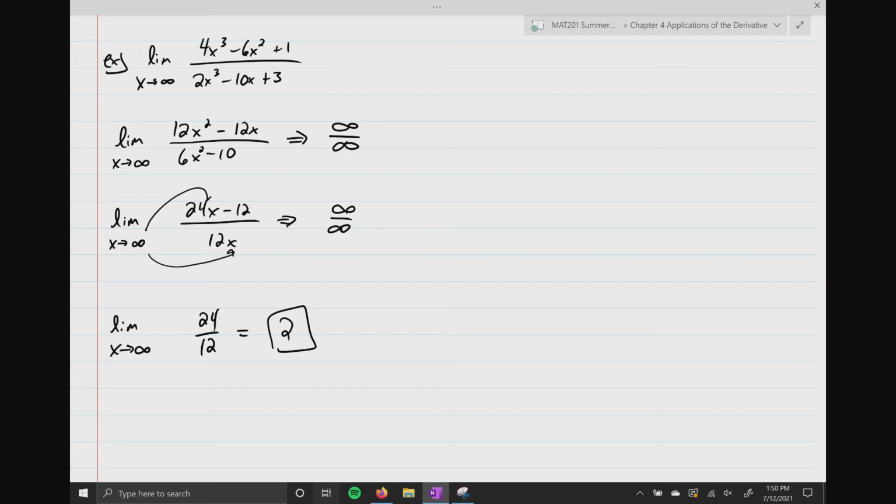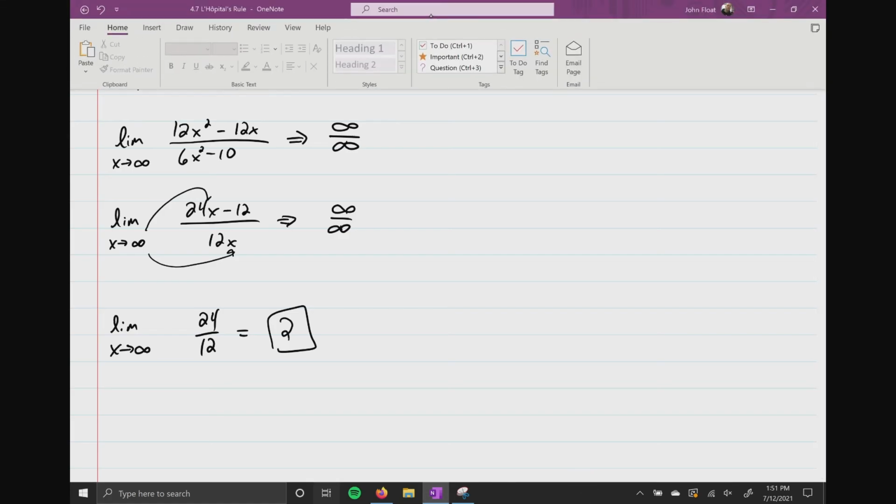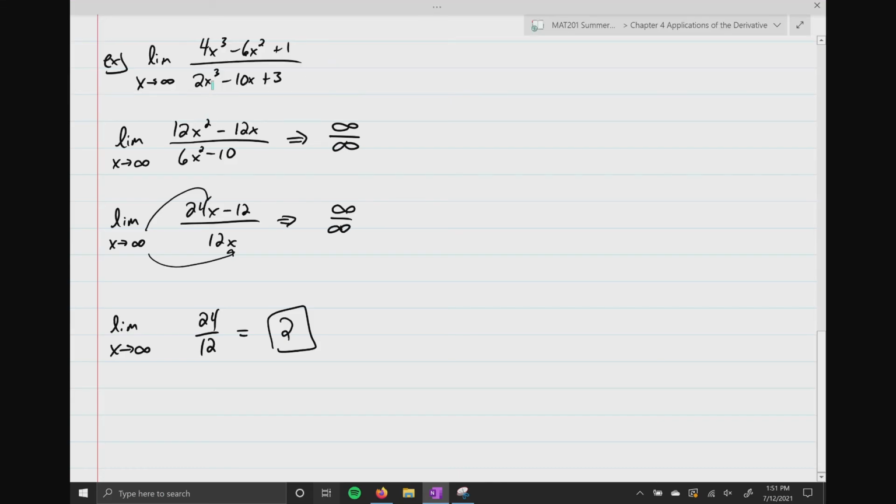And this should also kind of make sense because remember when we were looking at limits as they approach infinity, if you looked at the degree of the highest polynomial in the numerator and denominator and compared them, notice that they are the same here. I'm going to highlight what I'm talking about. My degree in the numerator is x to the third.